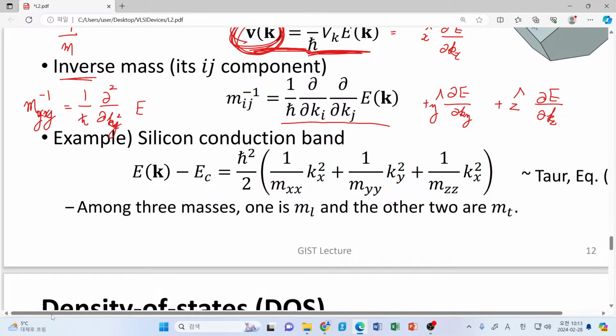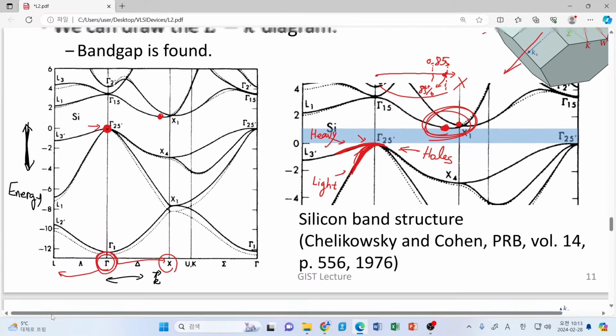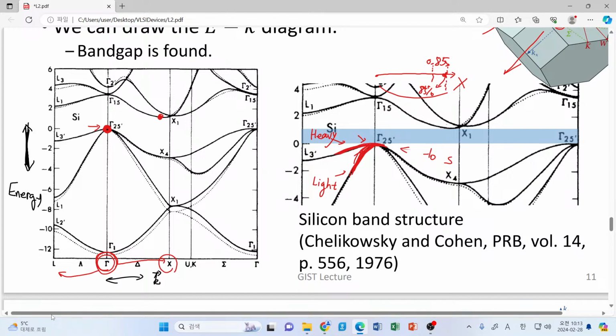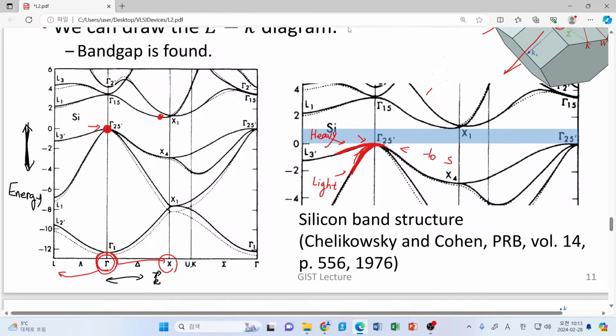Here we have the E-k relation of our silicon conduction band near the minimum point. If we come back to this graph, can you express the complete k-space or complete conduction band with a single analytic expression?